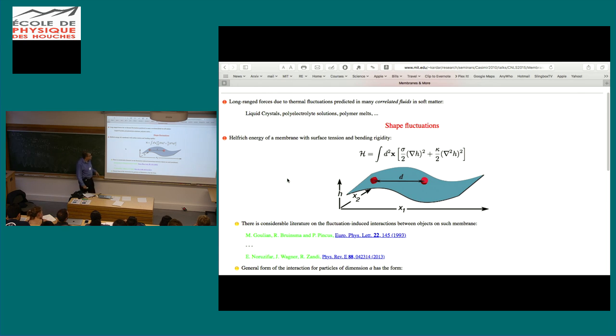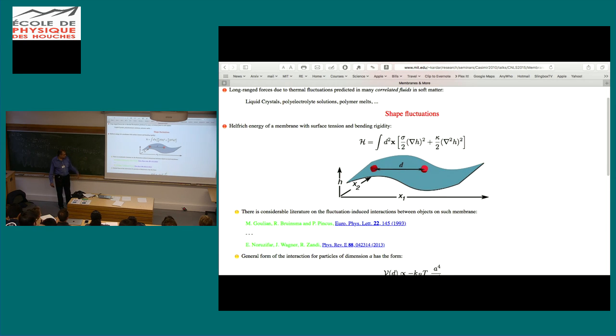And you could, in principle, imagine that you put objects on the surface that modify or damp out these fluctuations. Then there should be some corresponding fluctuation-induced force between them.